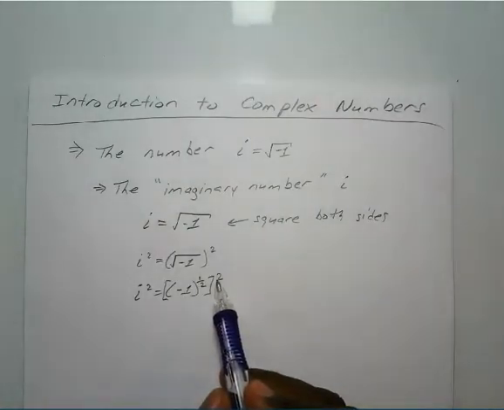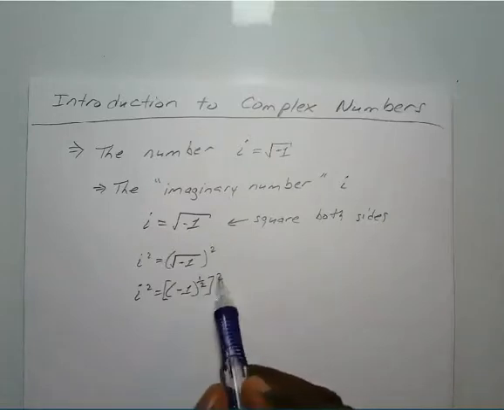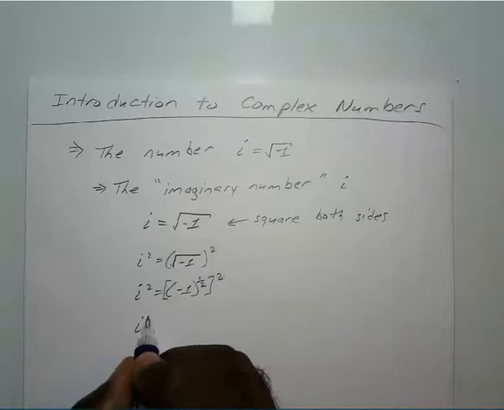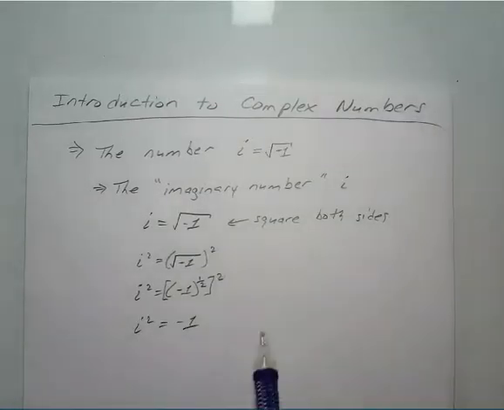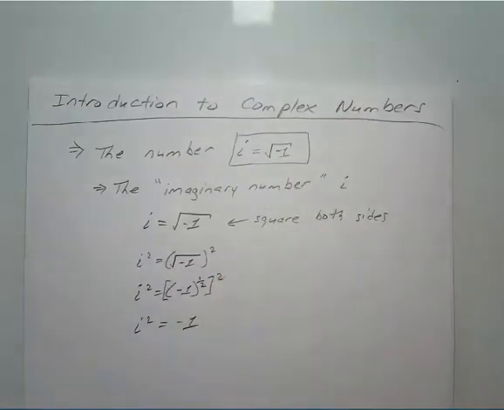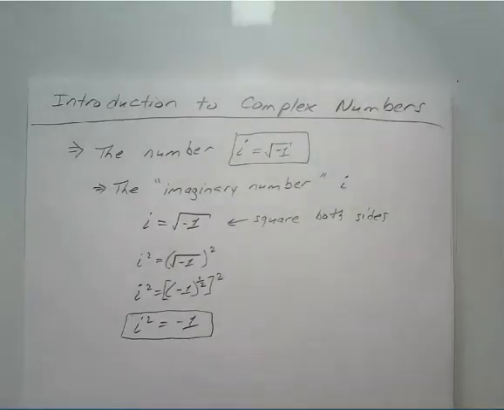So we get the power rule for exponents: those two multiply and cancel out, so we're left with i squared equals -1. So we know that i is equal to the square root of -1, and i squared is actually equal to -1.